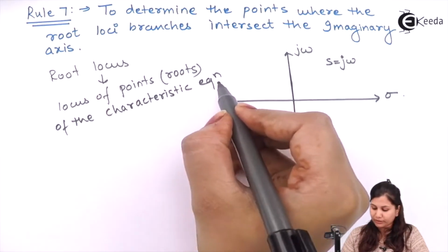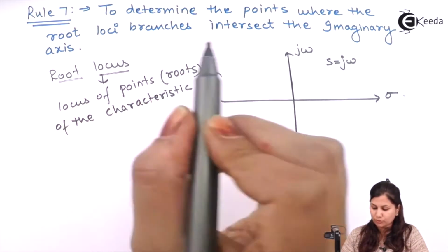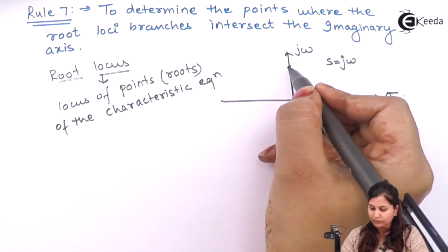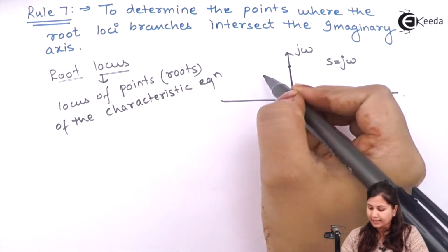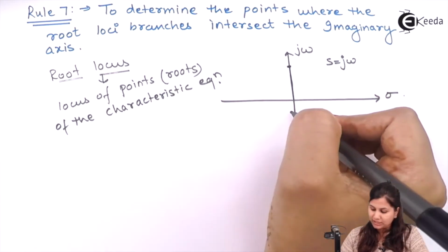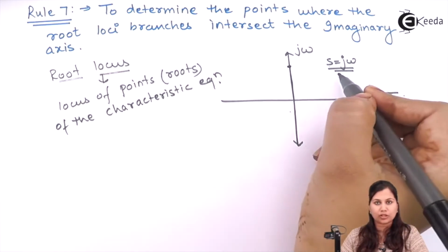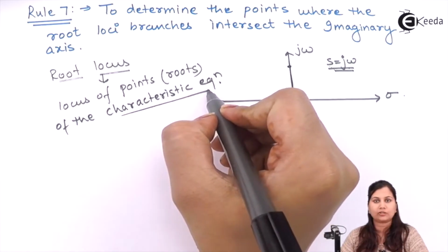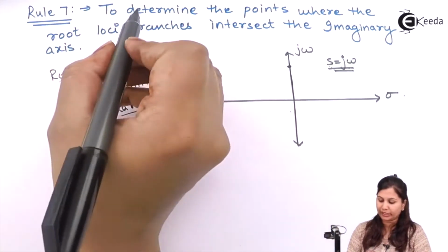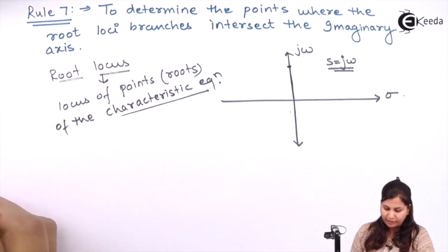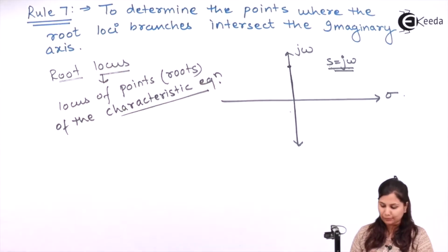Now if we want to determine the intersection of the root locus with the j omega axis, that means the point is lying on the root locus and satisfying the characteristic equation. A point on the imaginary axis will be s equals j omega. So if we put s equals j omega in the characteristic equation, we will get that point of intersection of the root locus with the imaginary axis. There are two methods to determine this point.